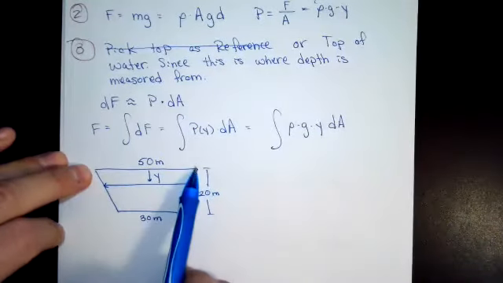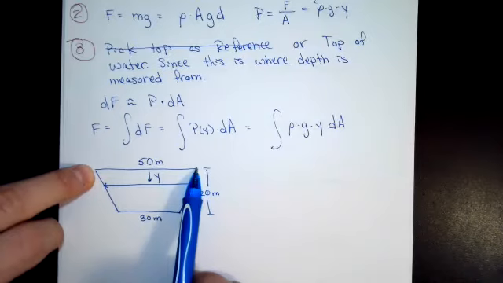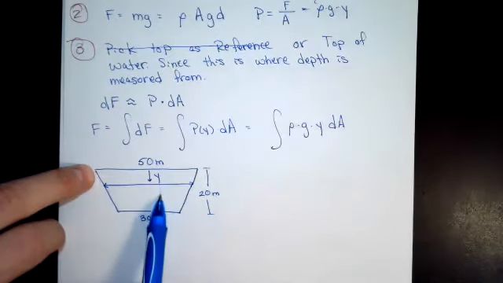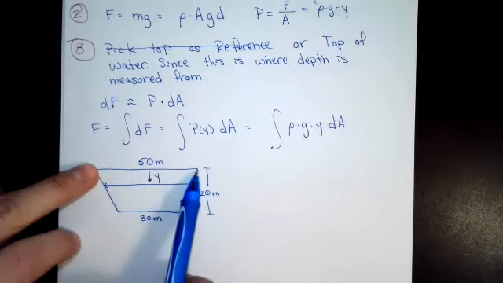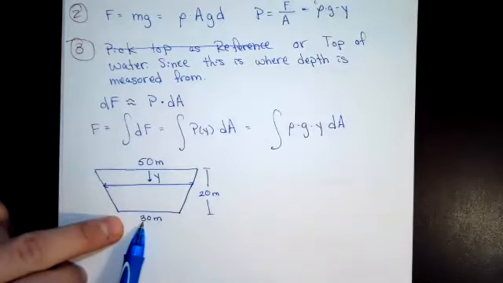If my total width at the top is 50, then decreasing the height by 20 decreases the width by 20 as well.